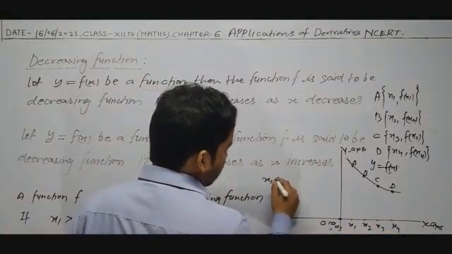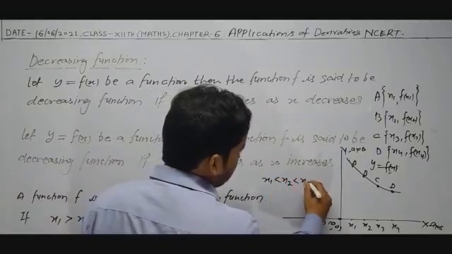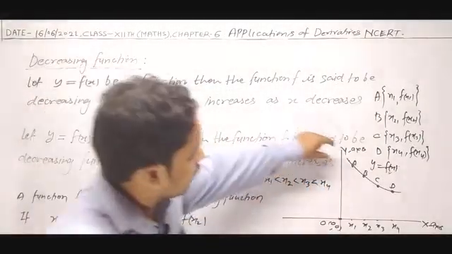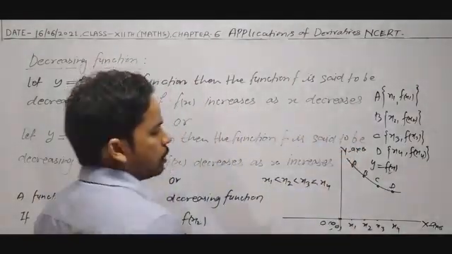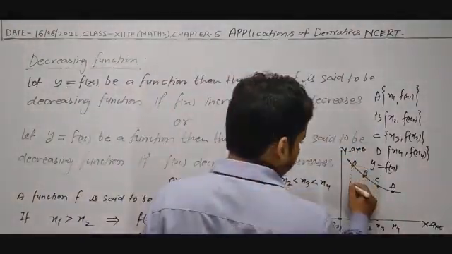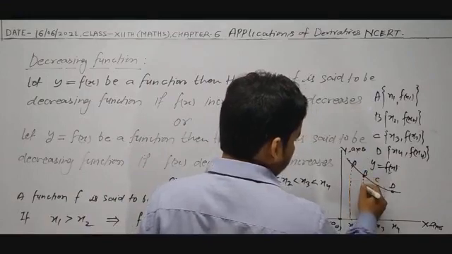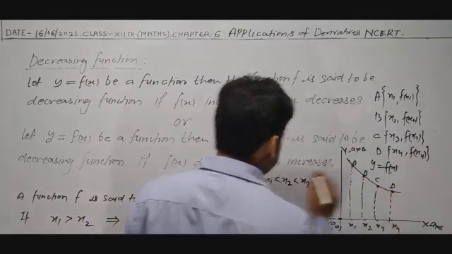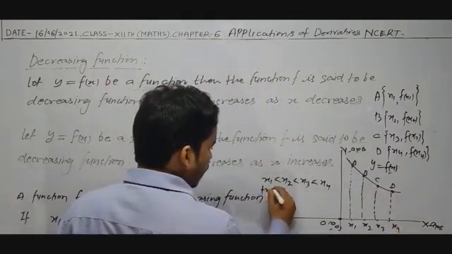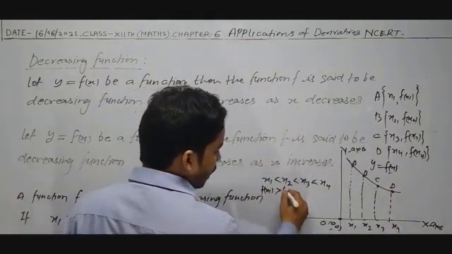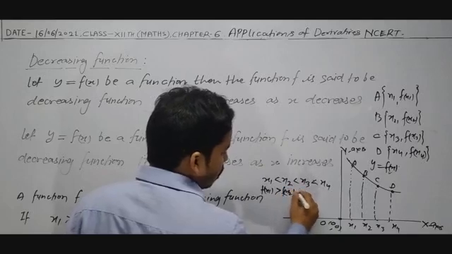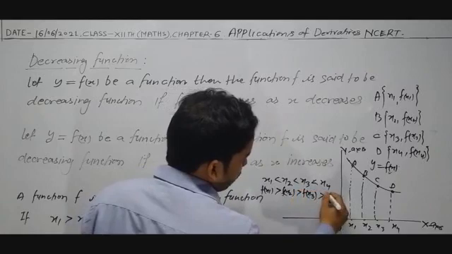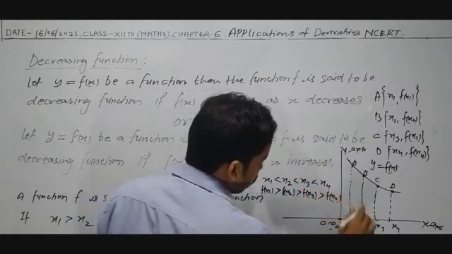It means x1 is lesser than x2, lesser than x3, lesser than x4, but their corresponding values f of x1 is greater than f of x2, greater than f of x3, greater than f of x4.